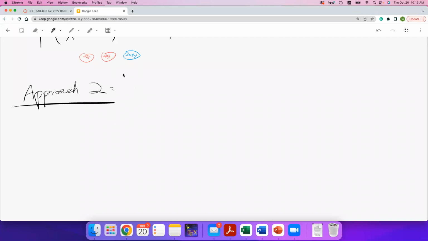Approach 2 is a little bit tricky. So we can label the red balls as R1 up to RR. So we give them different labels.